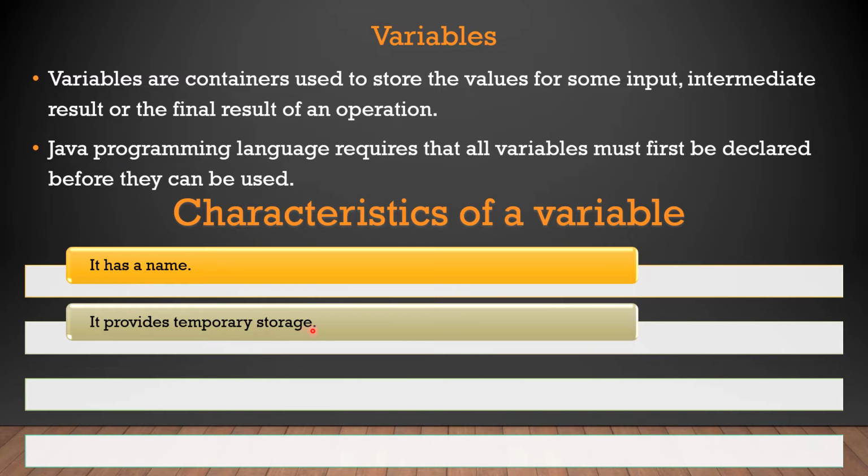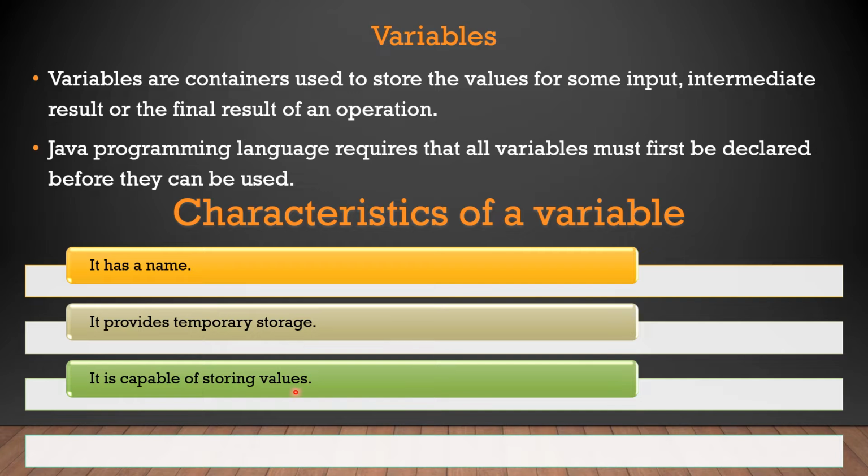Also, as we just studied, variables are containers used to store the values. So basically, we are using this variable to store the value and to provide the temporary storage for that value. It is capable of storing values. We have already talked about this feature that variables are capable of storing values. They are the containers which we use to store the values.